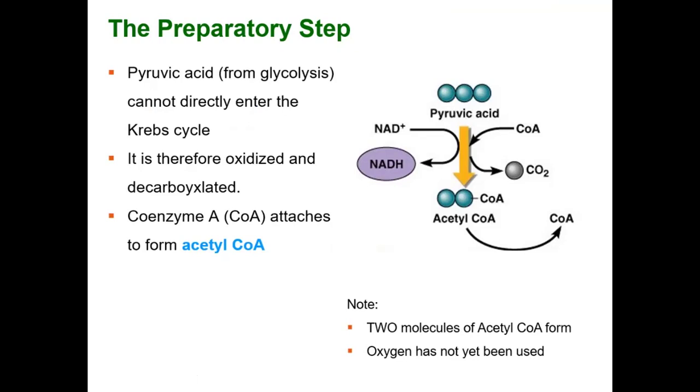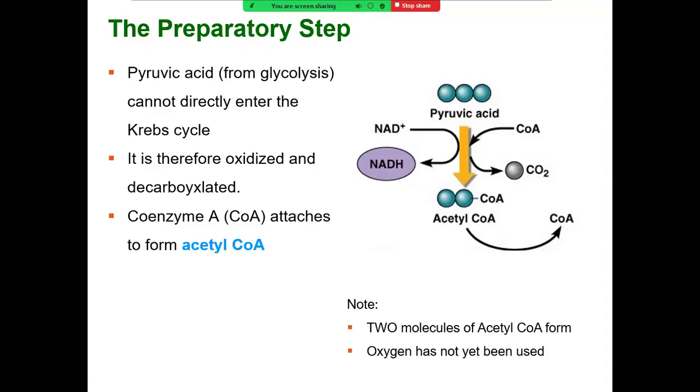The pyruvate cannot join the Krebs cycle directly, so it's changed in the preparatory step from pyruvate or pyruvic acid to acetyl coenzyme A. Along the way, you do generate some NADH, 1 for each pyruvic acid, and 1 CO2 also for each pyruvic acid, meaning the pyruvic acid is a 3-carbon molecule, hopefully you can see that, and acetyl coenzyme A is a 2-carbon molecule.